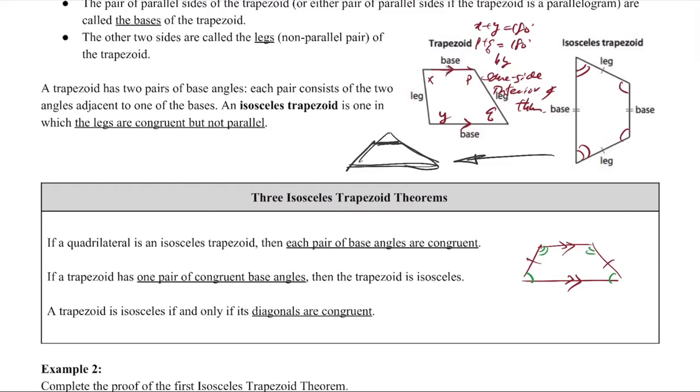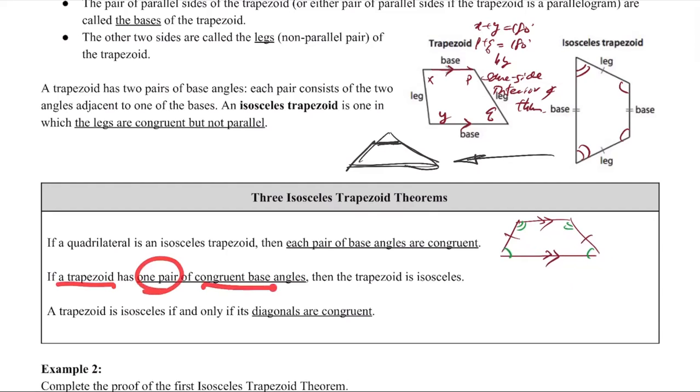Then the other is that if a trapezoid has one pair of congruent base angles, then it is an isosceles trapezoid. So if you have at least one of them, then it is considered an isosceles trapezoid. If you have one of these pairs, you could clearly show that these two are the same, because if they are parallel, these two have to be supplementary, right?